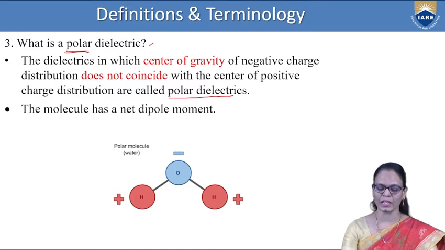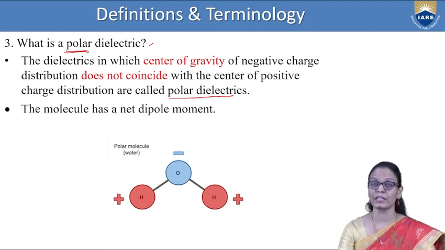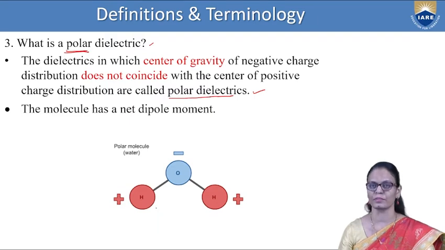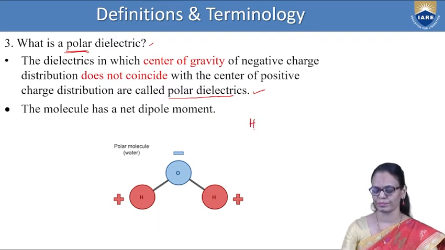Whenever we take a dielectric, there are negative charges and positive charges. If the center of gravity of the negative charge does not coincide with the center of gravity of the positive charge, then we call them polar dielectrics. You see the example here, we have taken the example of water, H2O.